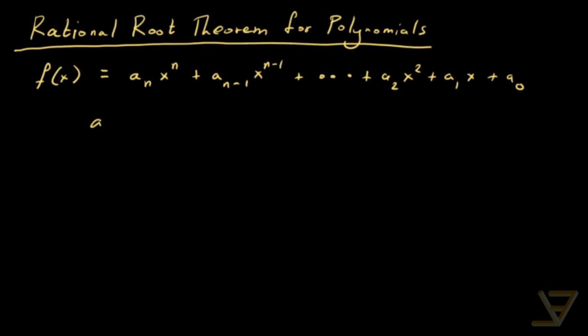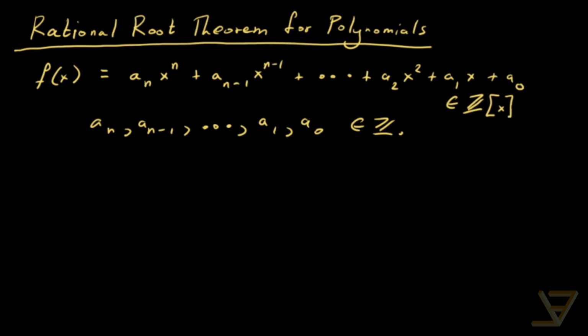And these coefficients, a_{n-1} all the way through to a_1, a_0, are going to be integers. So this polynomial is in the ring of polynomials with integer coefficients.